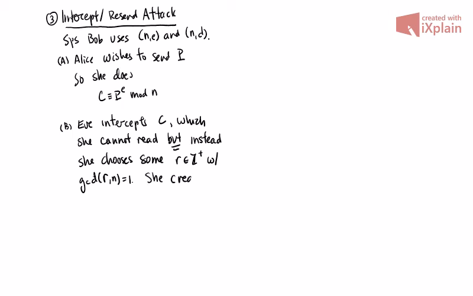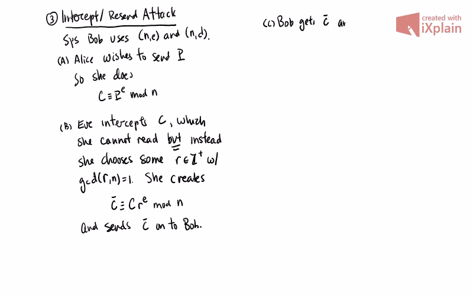So she creates the following. She creates C bar, which is going to be C R to the E mod N, and sends this on to Bob. So, what happens? Bob gets this, and what does he do? He tries to decrypt it.